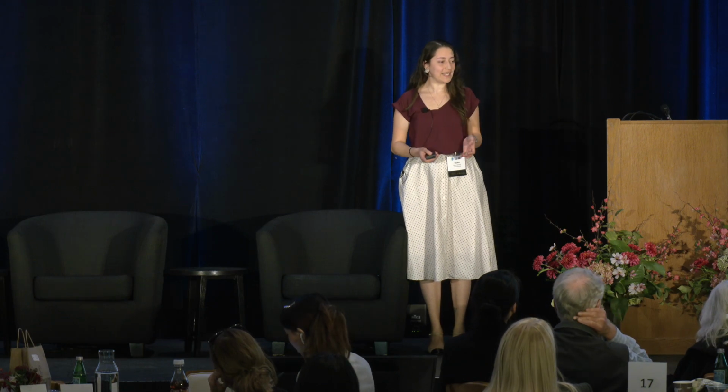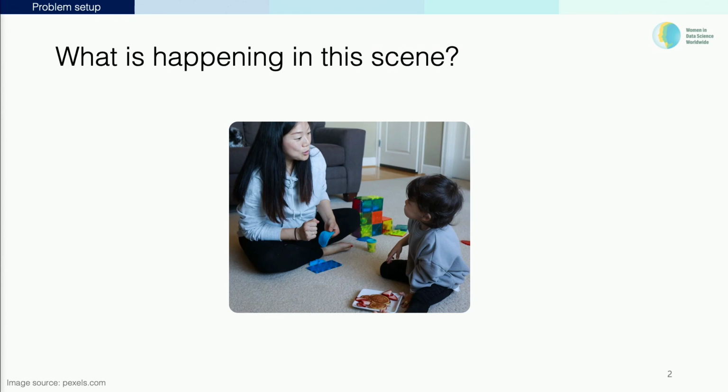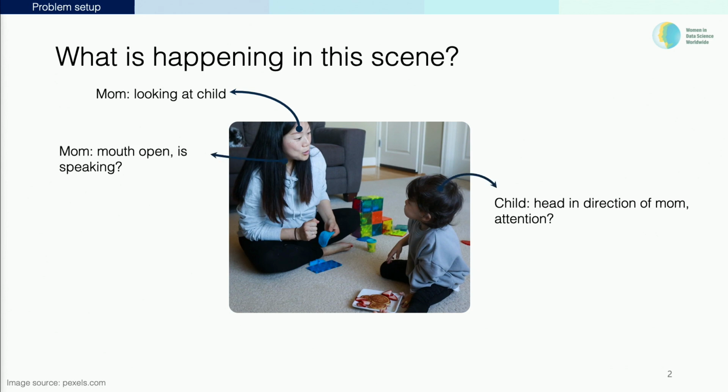If we see a scene like this, with a parent and a child interacting, for humans it's pretty easy to identify many cues that are hard for automatic methods. Is the mom looking at the child? Yeah, we can see that. Her mouth is open, she might be speaking. The child's head is in the direction of the mom, so are they paying attention to the mom?